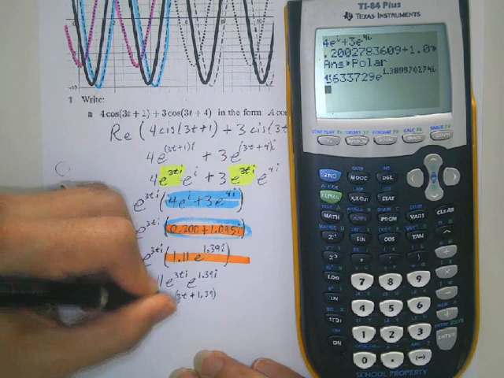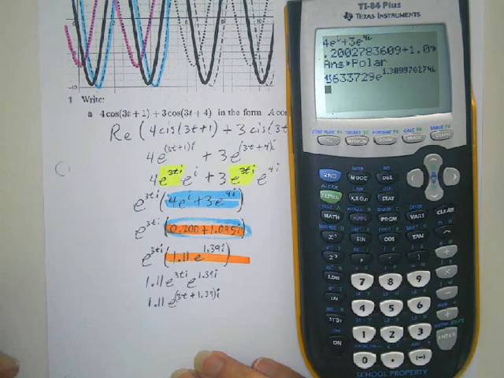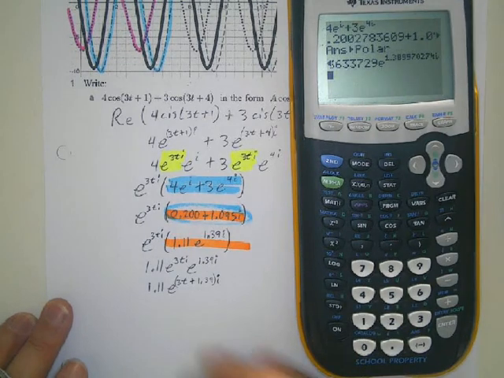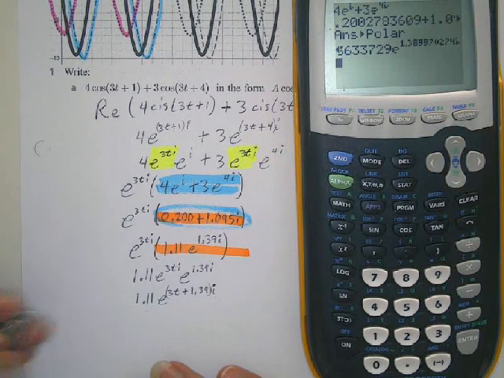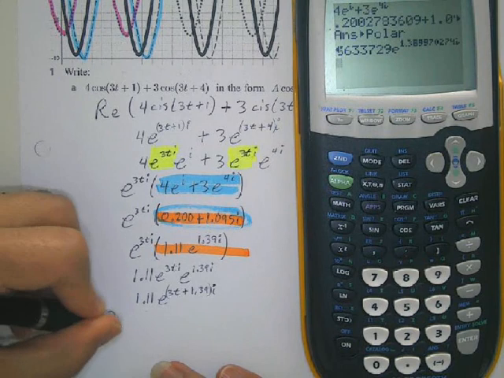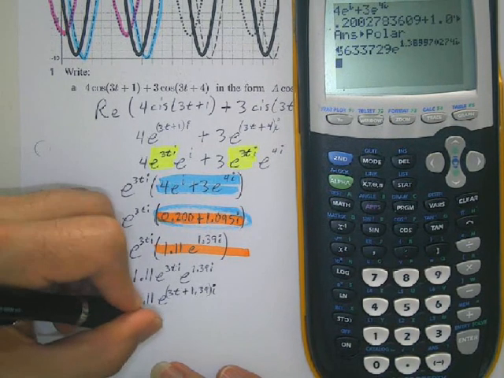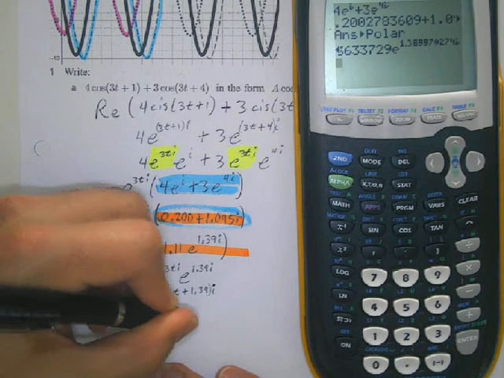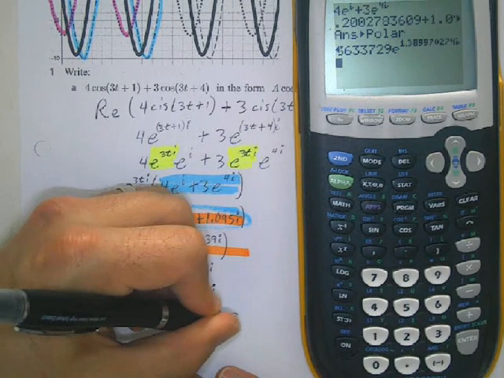Put that power in parentheses and factor out that i. We're almost there. Remember, we're trying to do the real portion of this. So we've got the real portion of 1.11 cis 3t plus 1.39.